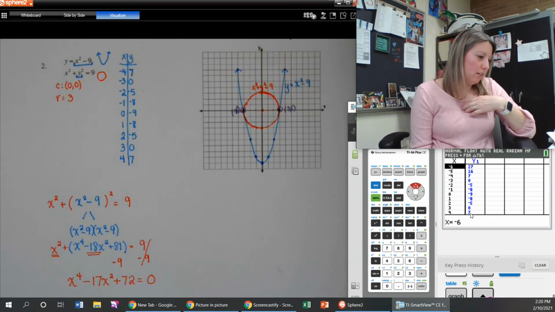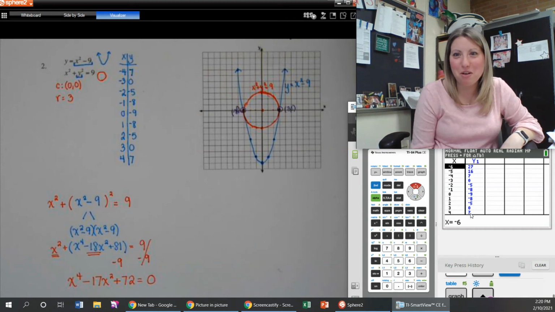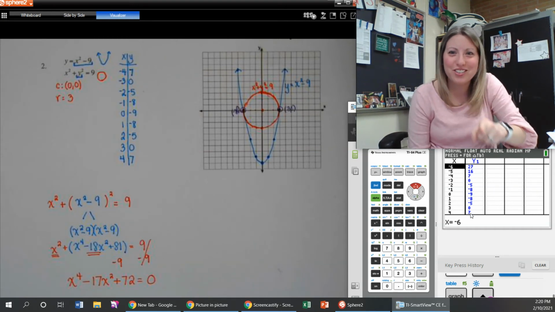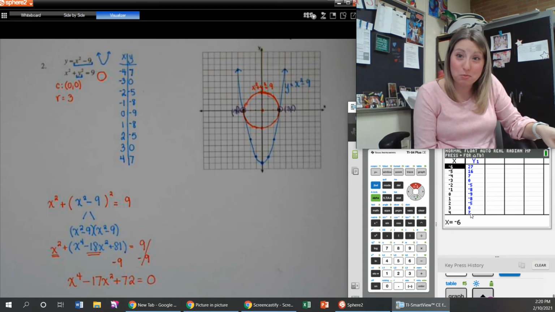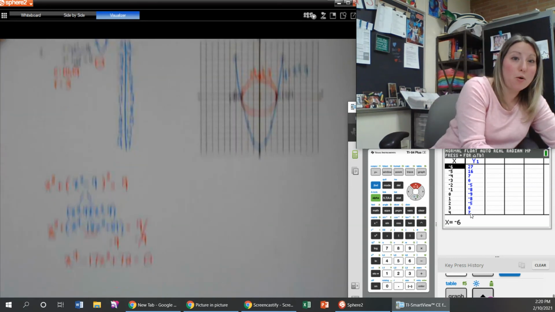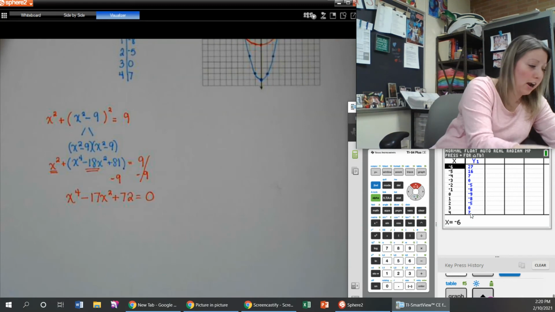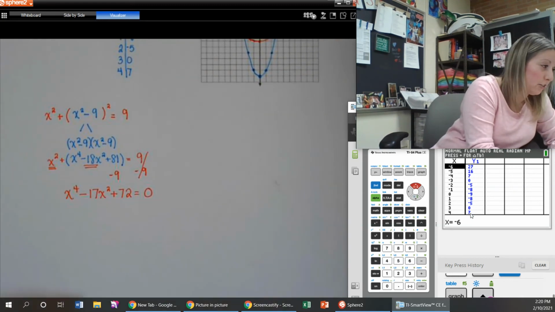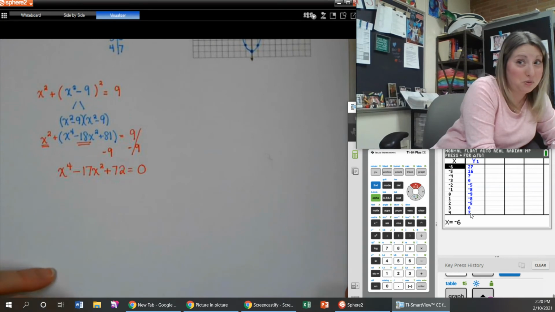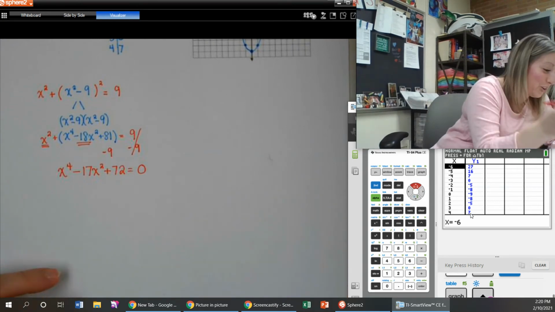Anyway, this is about to tell me that there are 4 intersection points. My gut was right. This is factorable. That's a factorable trinomial. So I'm going to get rid of the graph for a second, but I'm going to factor this trinomial. The other ones are not rational numbers, just so you know.